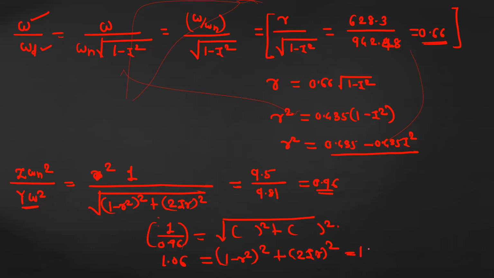So it will become 1 plus r raised to 4 minus 2 r square plus 4 zeta square r square. Now in this equation, put the value of r square and write the complete equation in terms of zeta.